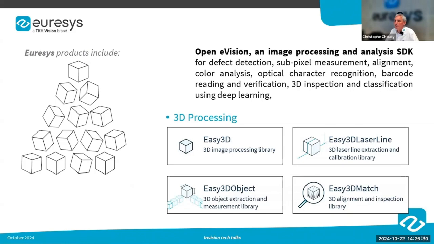We have a set of 3D processing libraries, for example, laser line extraction and calibration, but also 3D object segmentation and measurements, and 3D matching functions to align objects with a reference and compare both representations.